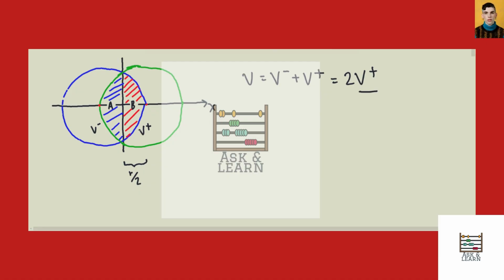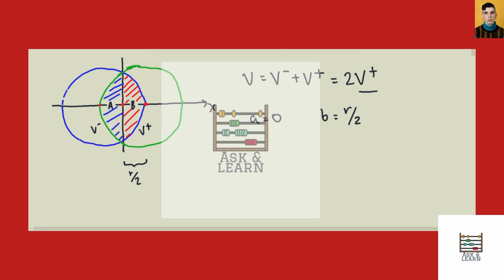And the endpoints in this case are very easy, because the region starts here at 0 and ends at a distance r over 2, so those endpoints are a equal to 0 and b equal to r over 2.